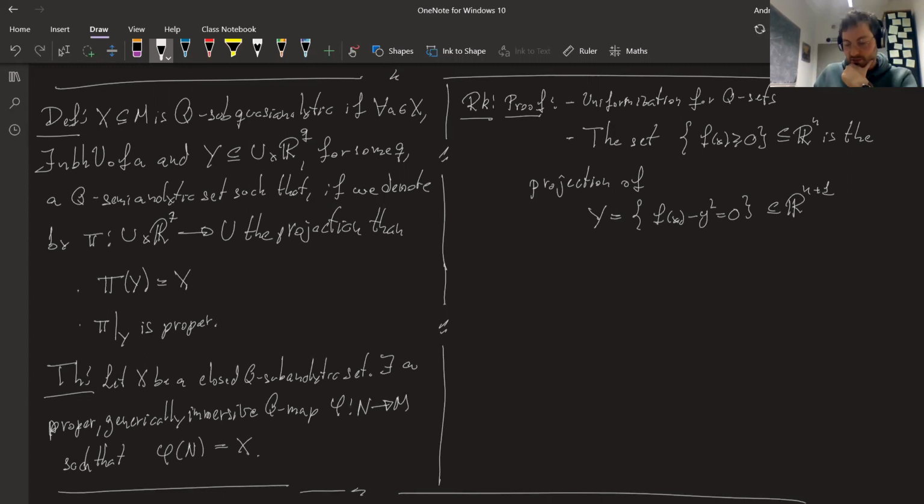So for a semi-analytic set, at least if it's closed, you're able to pass, apart from making a projection, to an analytic, to a Q set.